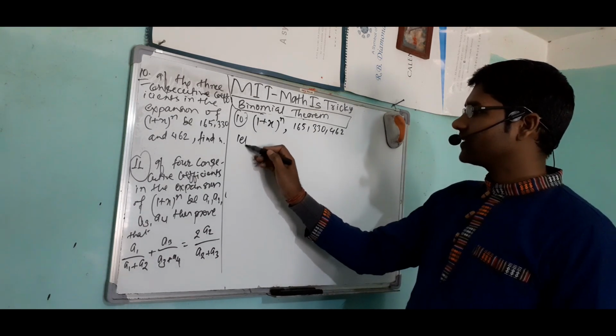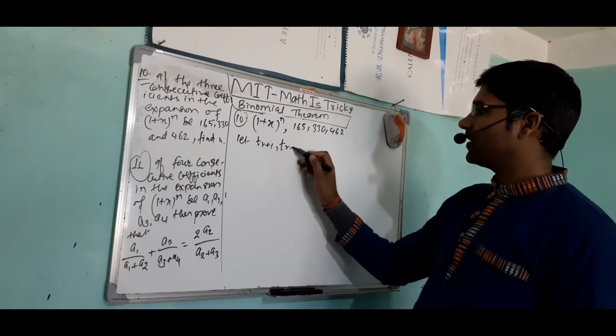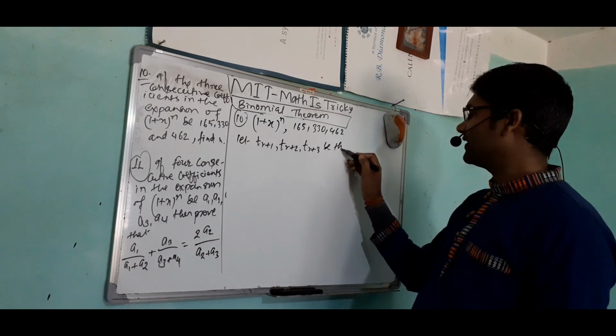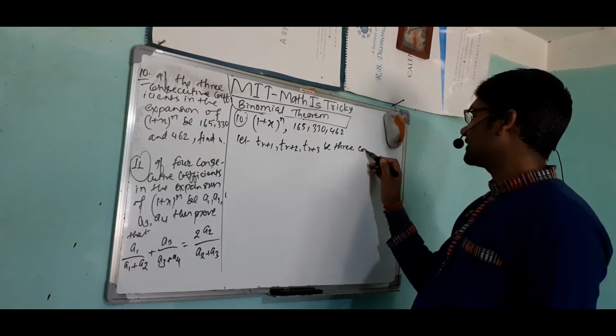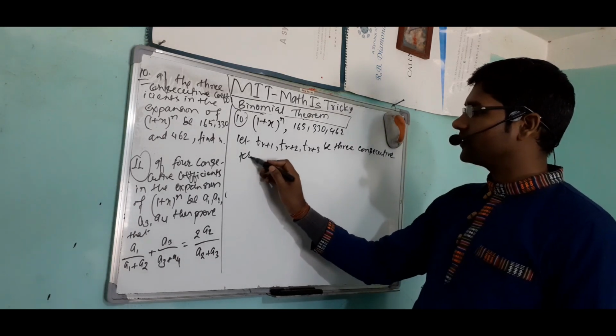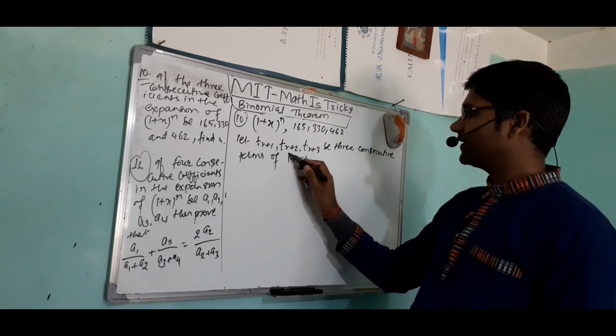So let T(r+1), T(r+2), T(r+3) be three consecutive terms of (1 + x)^n.